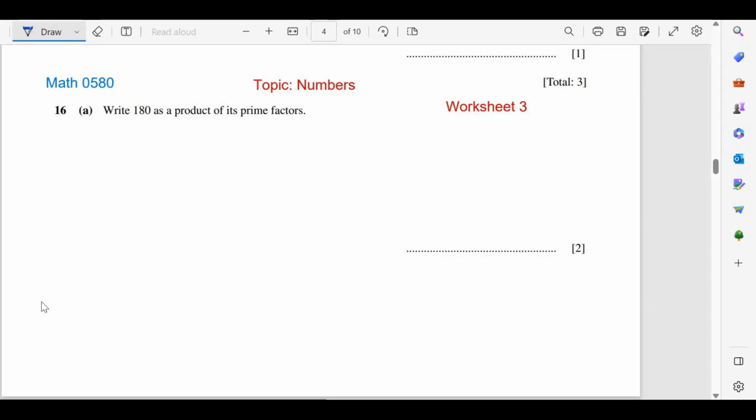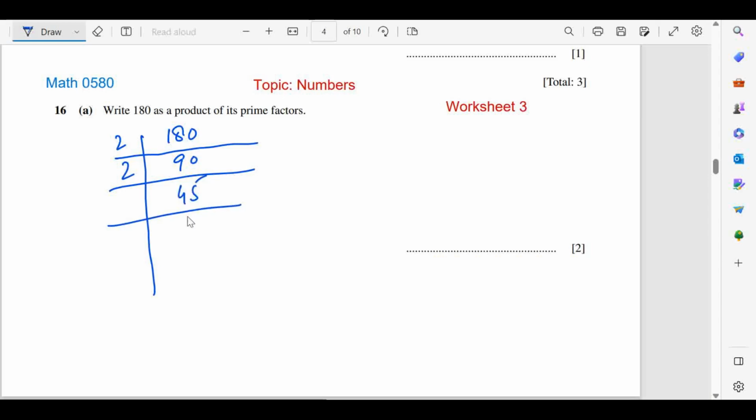The first question is: write 180 as a product of its prime factors. So how do we write a number as a product of its prime factors? We need to simply take the LCM. Dividing by 2, we get 90, and then 2 45s are 90, and then we can use 3.